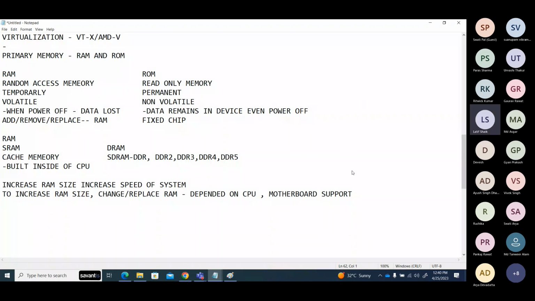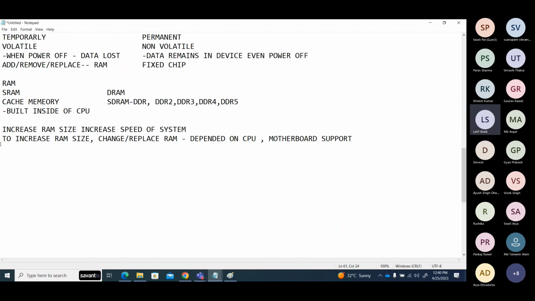It depends on your motherboard slots, which type of RAM the motherboard will support, and how much size the CPU allows, and what type of RAM we can use.